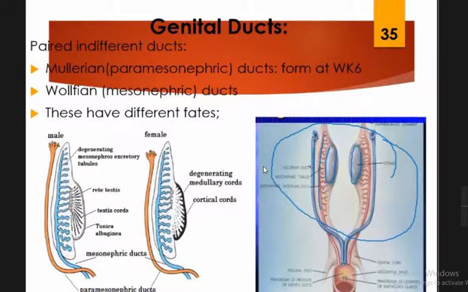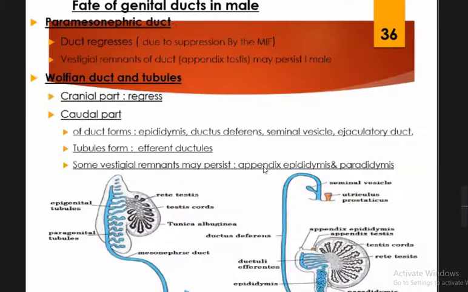So this is the indifferent duct system that they both appear, and they are well developed at an indifferent stage. But because of the presence of the testis determining factor that is governing formation of the Müllerian inhibition factor, we see different fates.